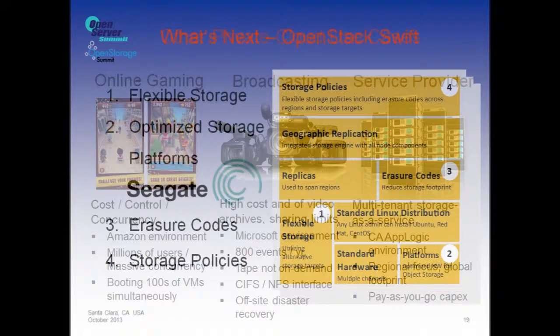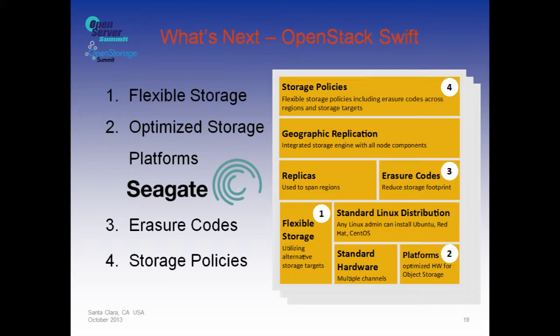So what's next for us is being more flexible on where we put the data, and we've already started down this process by working with Seagate and swapping out different key value stores. We're absolutely open to working with other storage platforms underneath, because we are presenting an interface up to the application.